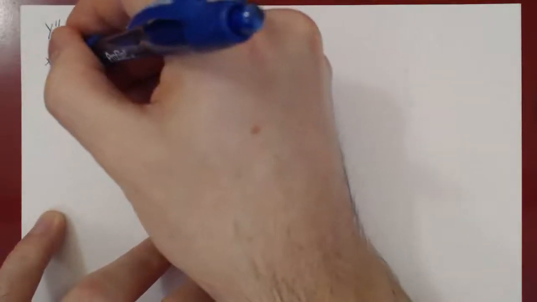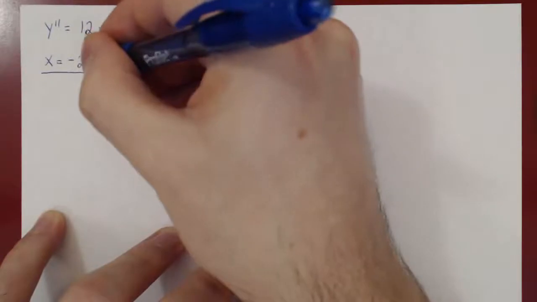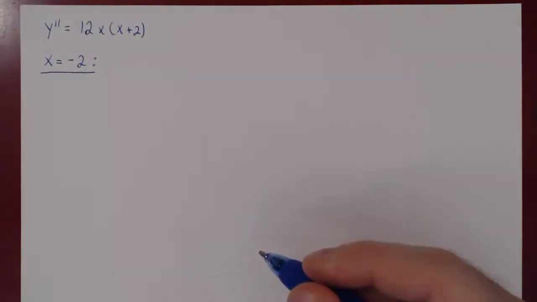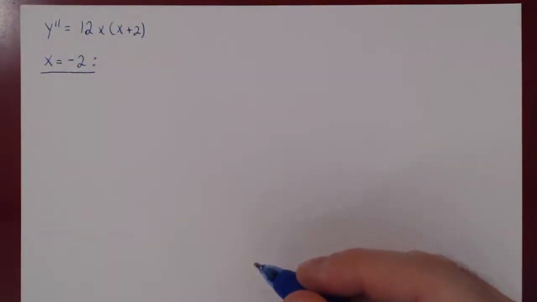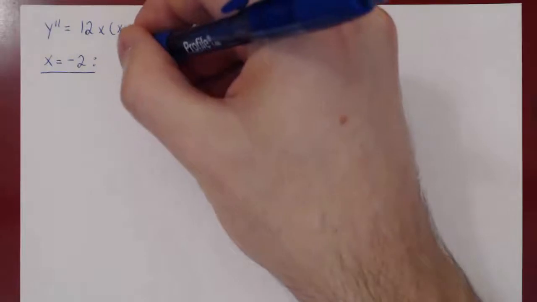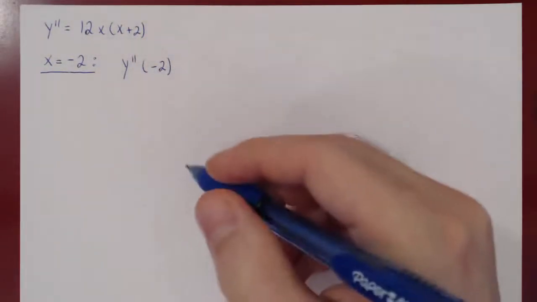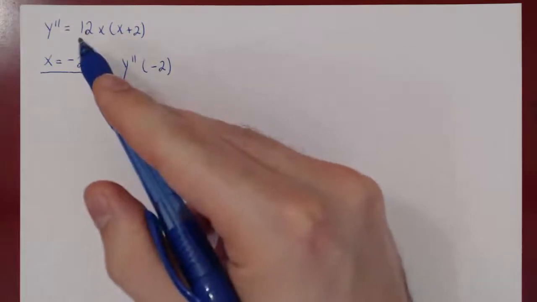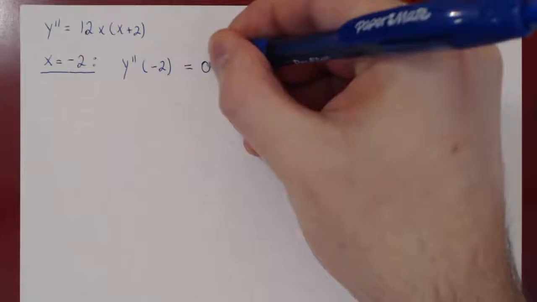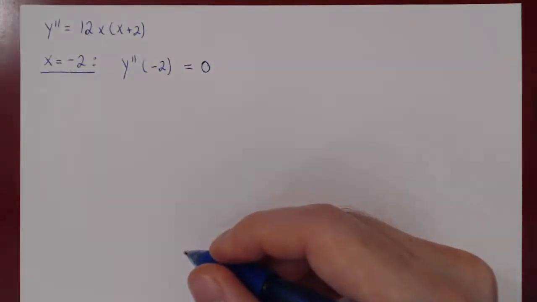And we are trying to classify the critical point, that is x equals negative 2. Well, we're trying to figure out if the curve is concave up or down at x equals negative 2, and therefore if we have a local minimum or a local maximum. Evaluate the second derivative at negative 2, and what you notice is the second derivative at negative 2 is equal to 0.